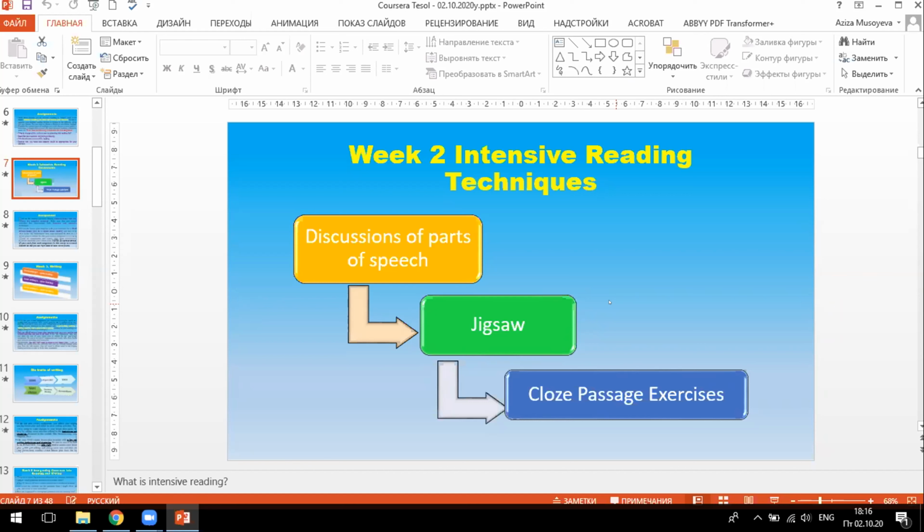For example, we can ask them who can read more, or we can have a reading corner in our classroom, so that when students read something, extensive reading, they can bring some outlines of this novel, or they can bring the reading blog of this novel.